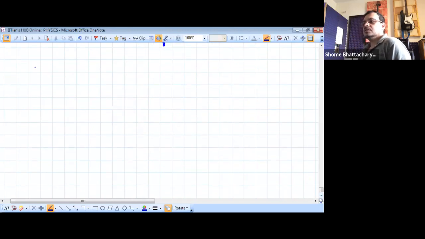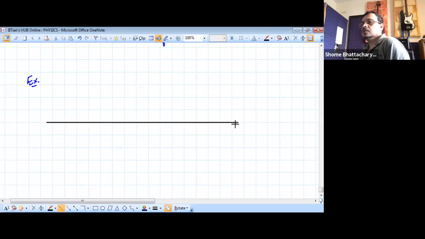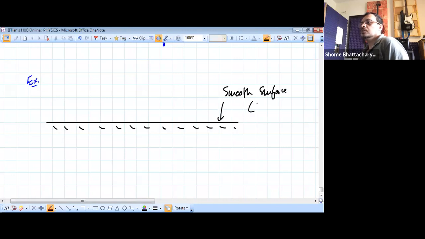Then, for example, suppose we have a situation on a frictionless surface, like a very smooth surface of a carom board or something, or the surface of an ice skating rink. So it's frictionless.